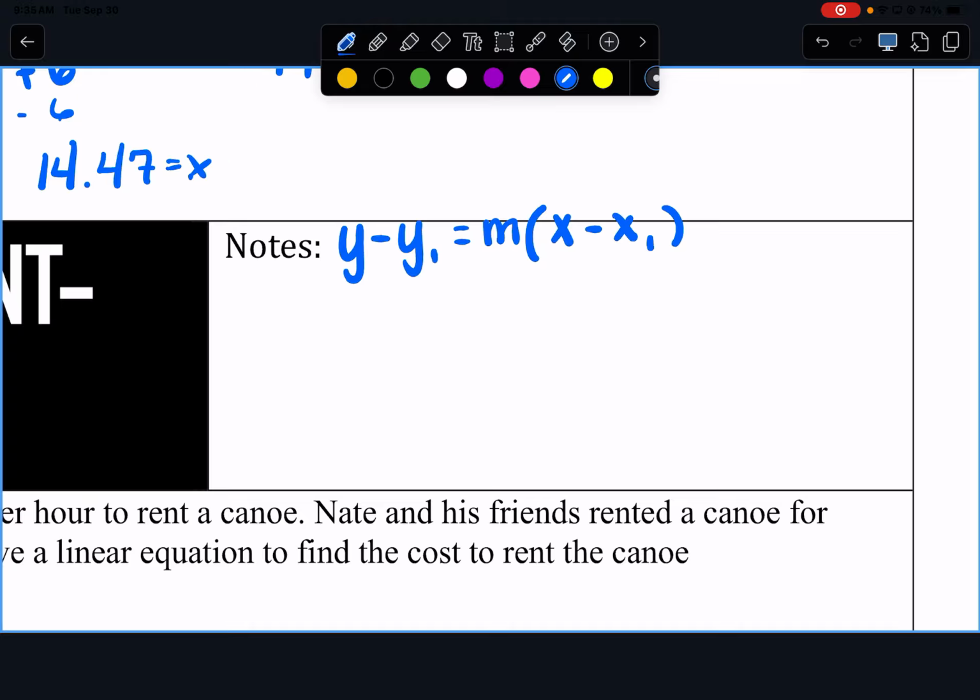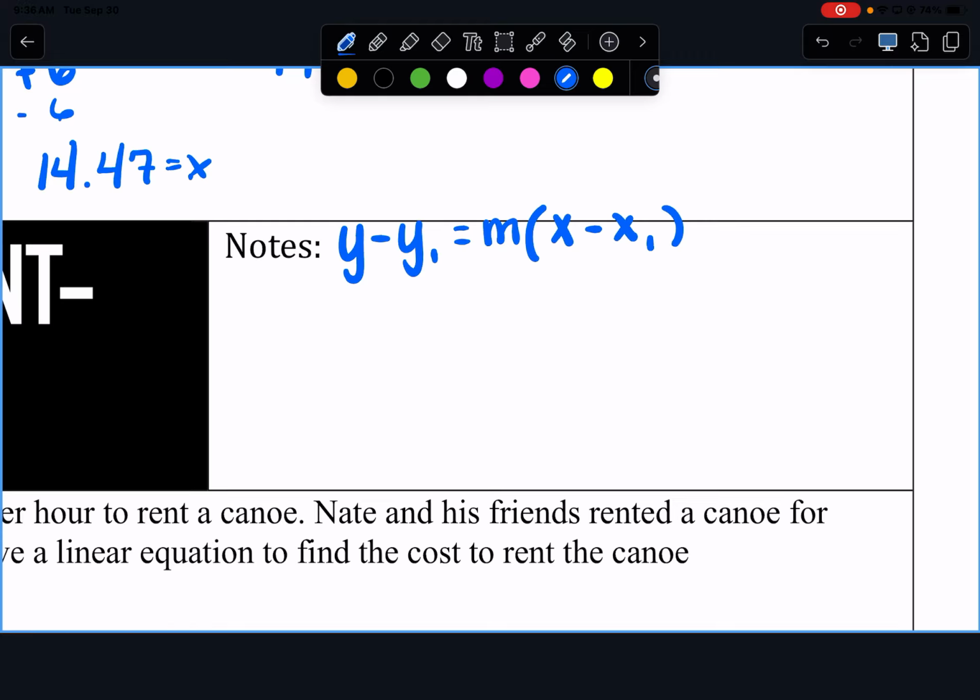Now we also have point slope, which is what we just did. So point slope is our y minus y1 is equal to m times x minus x1, where we have a point, which is our y1 and our x1, and we have our slope, which is the m.